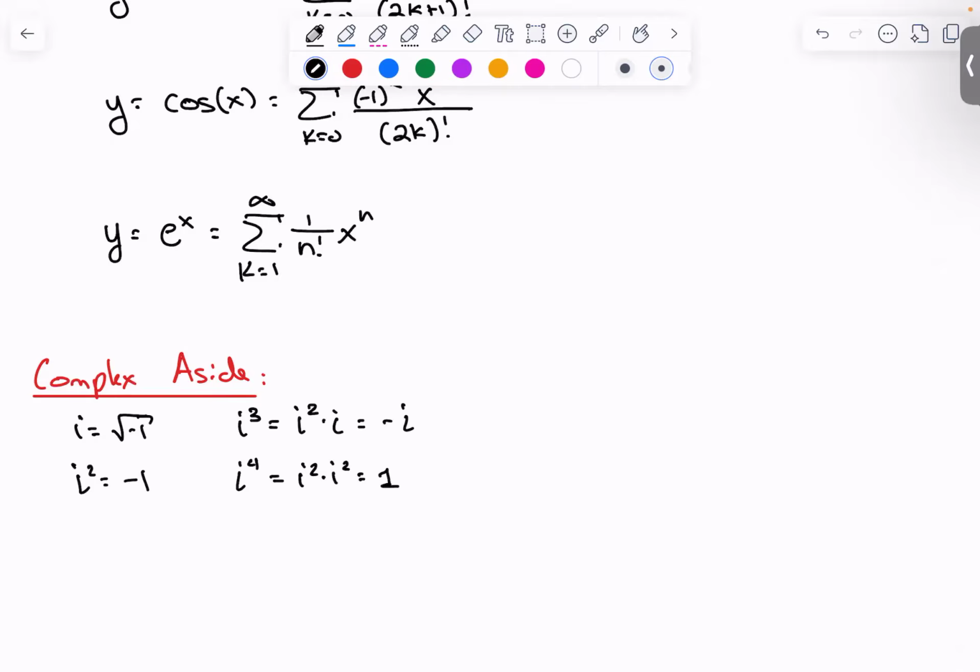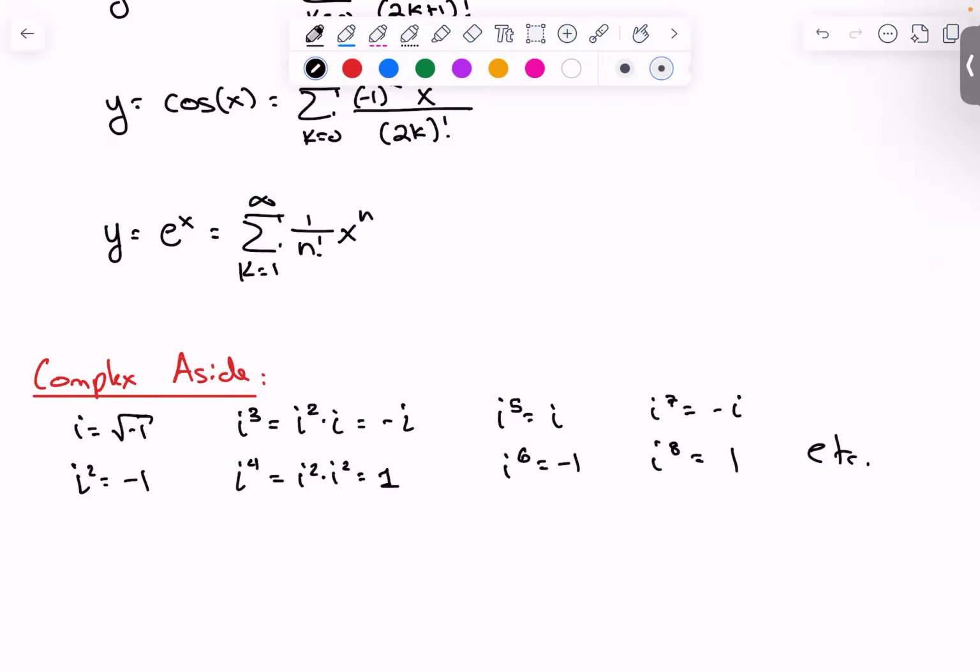If I do i to the fifth, that gets i to the first power. i to the sixth is -1, i to the seventh is -i, and i to the eighth is equal to +1, etc. So every 4, it repeats itself.